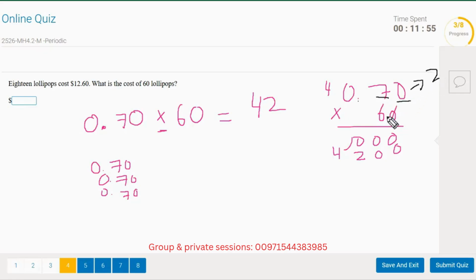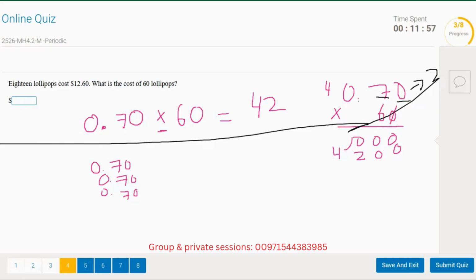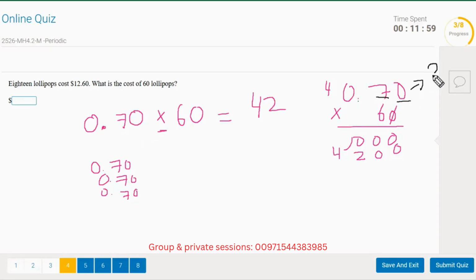So two numbers after the decimal. 60 has no decimal, so it has no numbers after the decimal. So you don't have to count anything. Now you add them. 4200. You put the decimal right here, 42. So it's $42 for 60. This can take a really long time to solve, so the more you practice it, the easier it becomes.